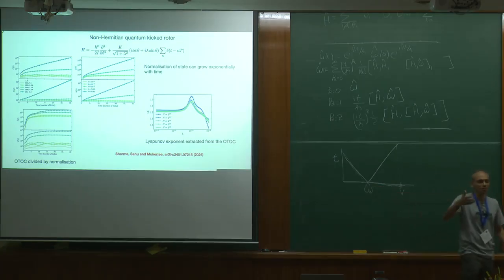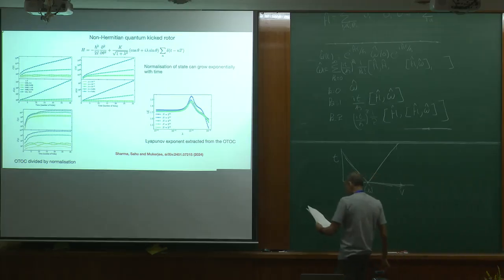And if there is such a time scale, you might think that the OTOC would increase in some exponential fashion with that time scale, but it turns out that that doesn't really happen.